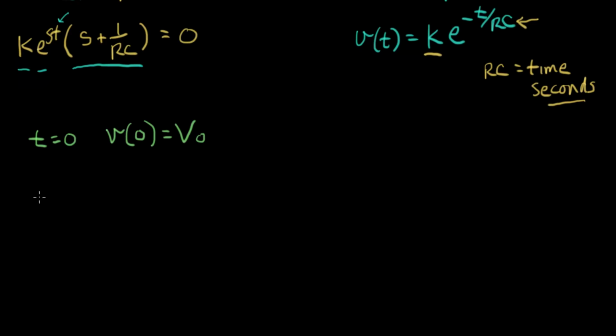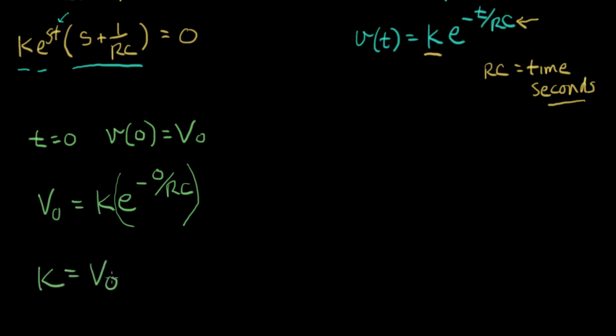v at time equals 0 is V naught, and that's equal to k times e^(-(t-0)/RC). Now this whole expression is e to the 0, or 1, so it drops out of the expression, and all we get is k equals V naught. k is the starting voltage on the capacitor.